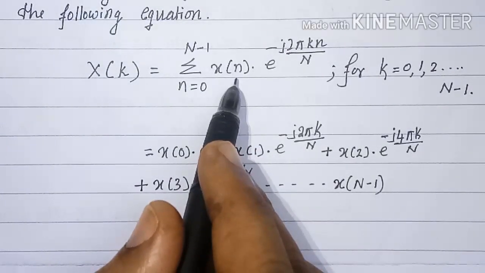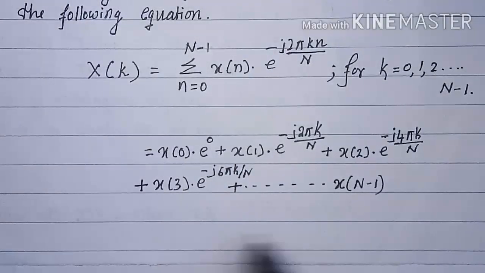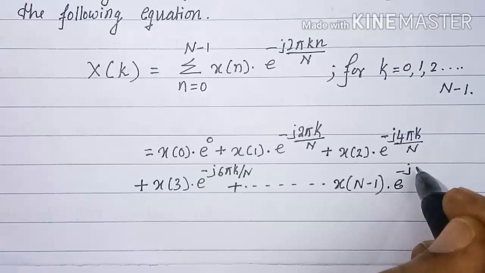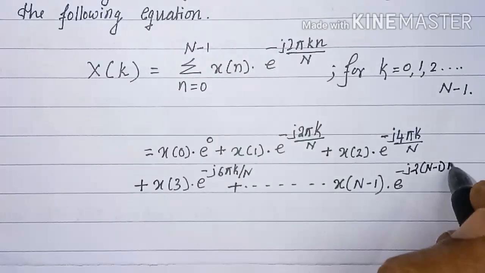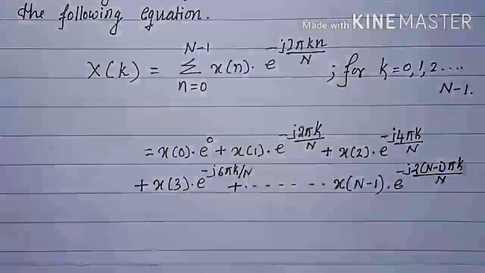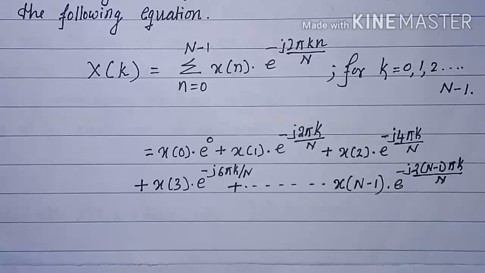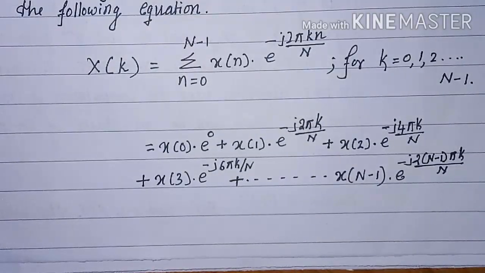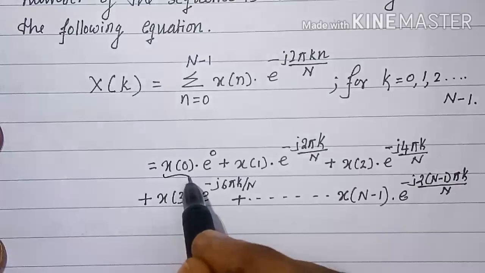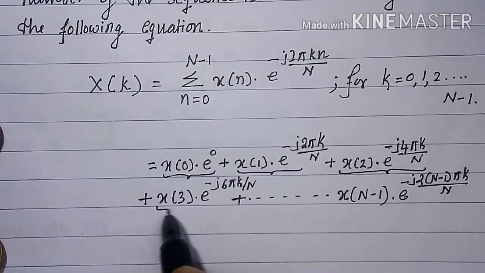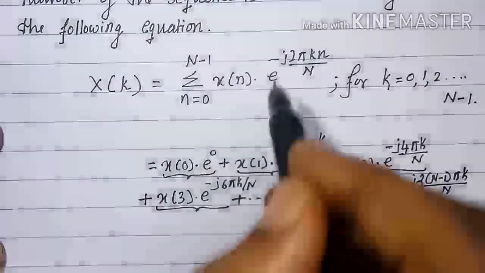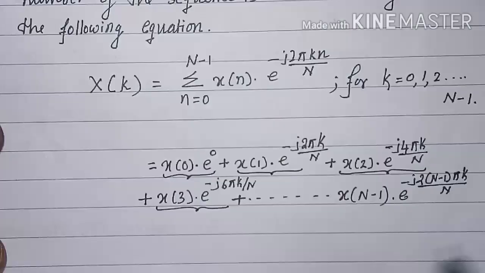So the last value of n here will be equal to N minus 1, into e raised to minus j 2 into the bracket N minus 1 pi k upon capital N. Here each of these products are complex multiplications, because e raised to minus j 2 pi k n upon capital N is a complex number.